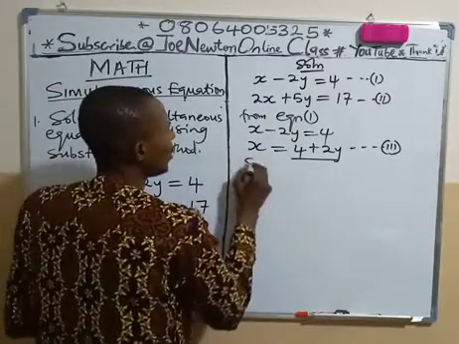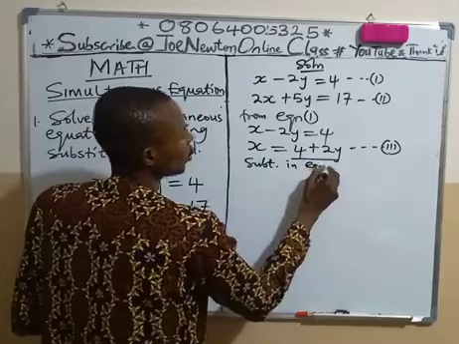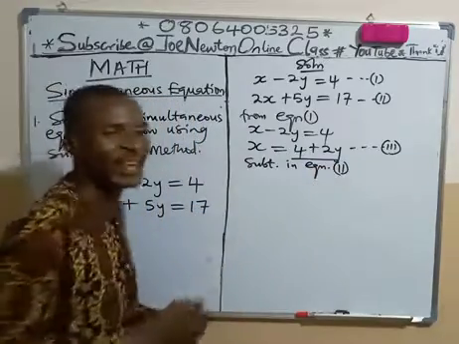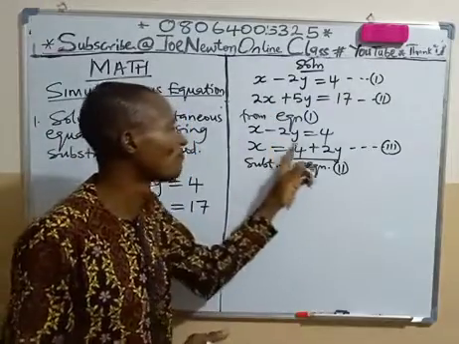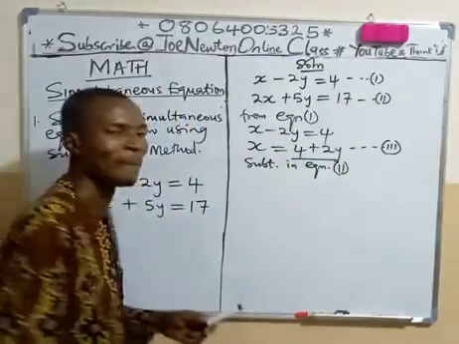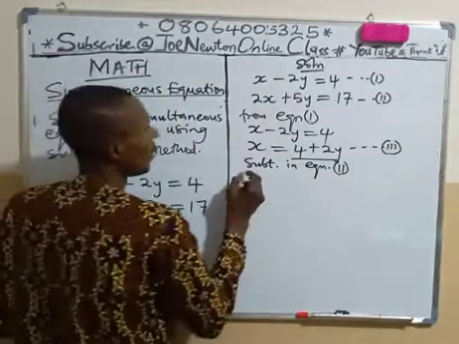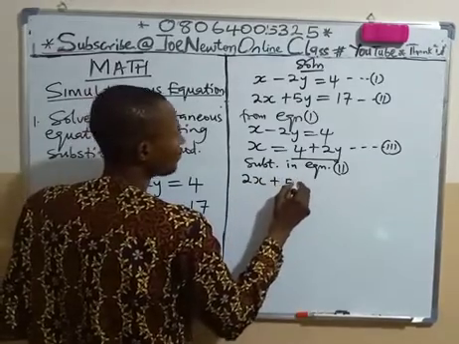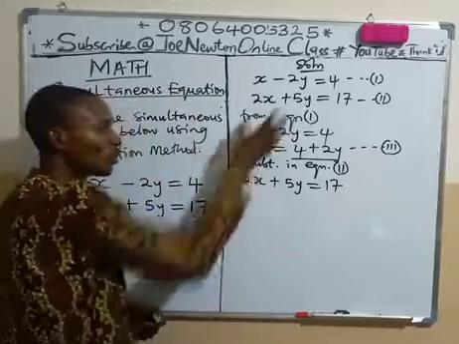Doing that, let's substitute in equation 2. Whenever we see x in equation 2, we replace it with 4 plus 2y. That is what we mean by substitution, that is replacement. Here we now have 2x plus 5y is equal to 17, that is the same equation 2.